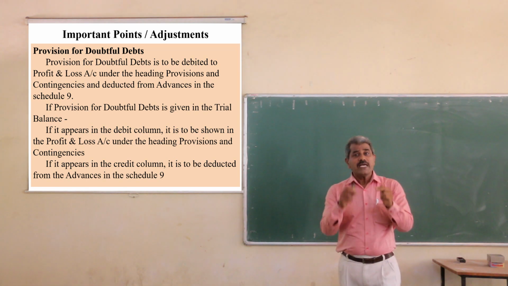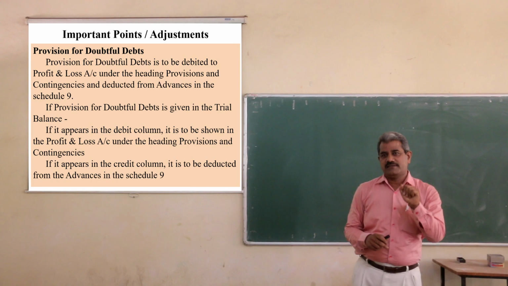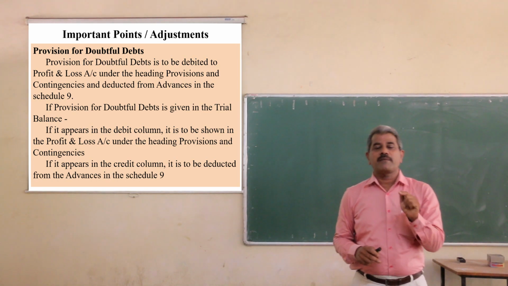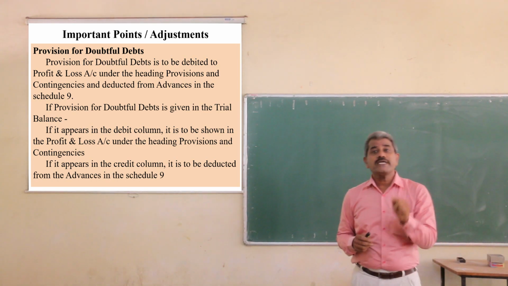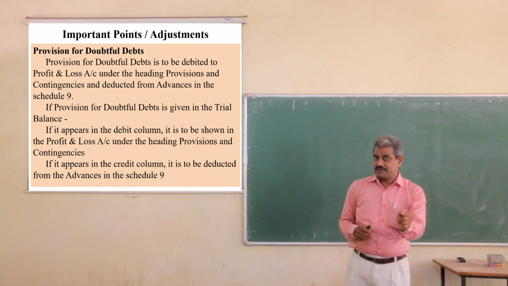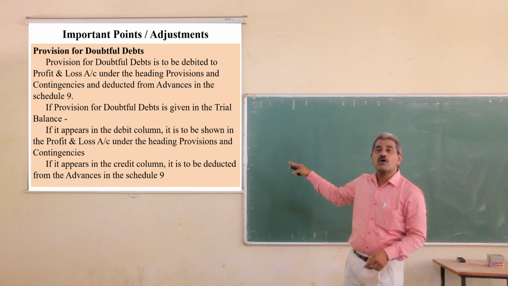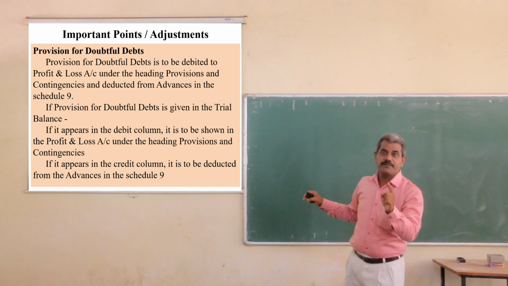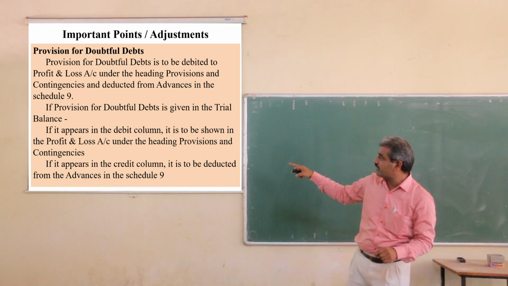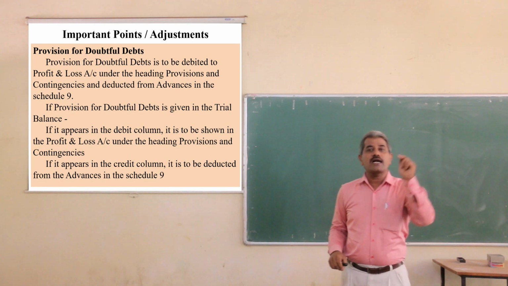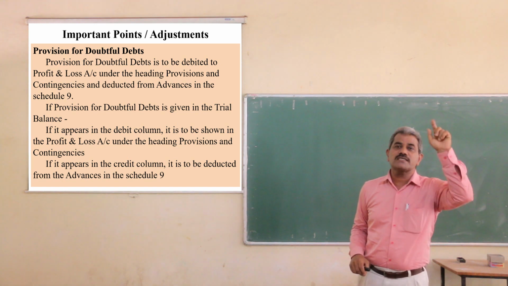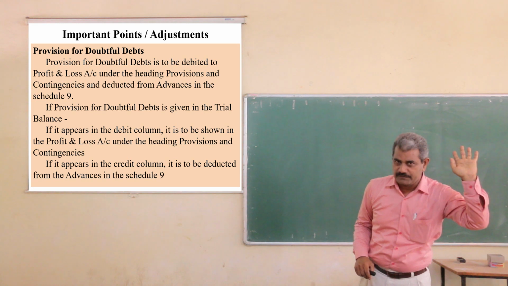Okay? If it is given in the trial balance, then we have to see in which column it appears. If it appears in the debit column of the trial balance, then it should be shown under the heading provisions and contingencies in the profit and loss account.